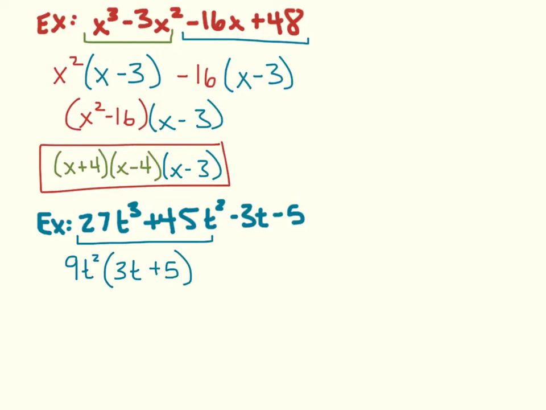Okay. Now for this next group, negative 3t minus 5, the only thing that they have in common is that they're both negative, right? So I can pull out a negative 1, and that would leave me with 3t plus 5.